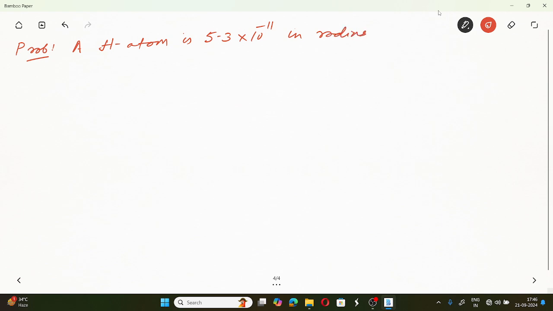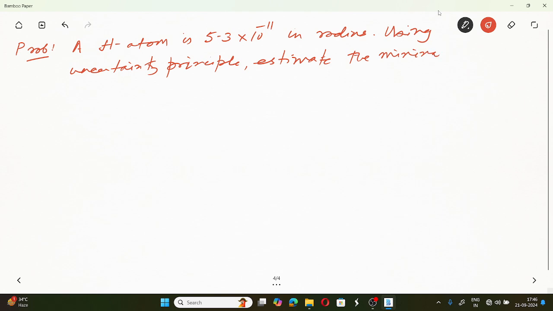Using uncertainty principle, estimate the minimum energy an electron can have in this atom.